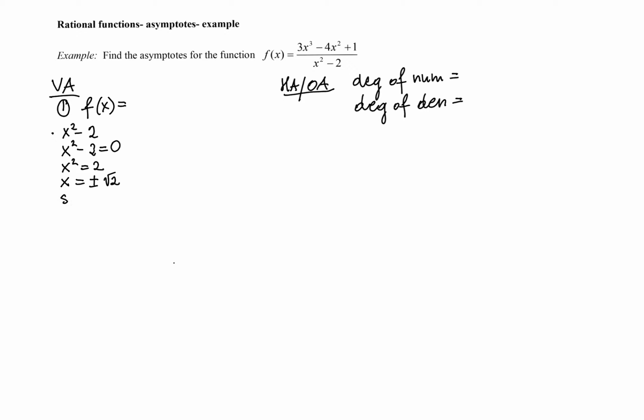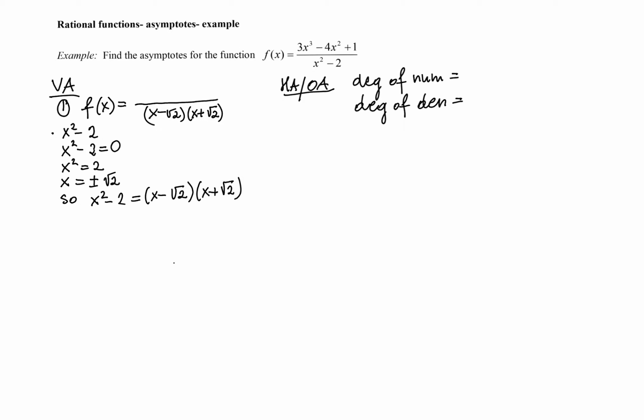Therefore, the polynomial x squared minus 2 will factor as x minus square root of 2, the first 0, times x minus the second 0, which becomes x plus square root of 2. So I know how the denominator factors: x minus square root of 2 times x plus square root of 2.